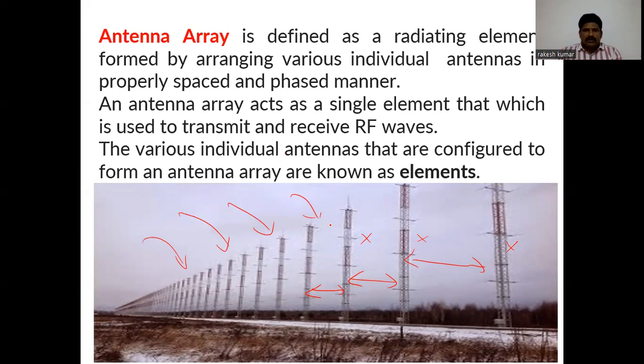Generally, an antenna array can be defined as a system of similar elements directed to get the required high directivity in the desired direction.